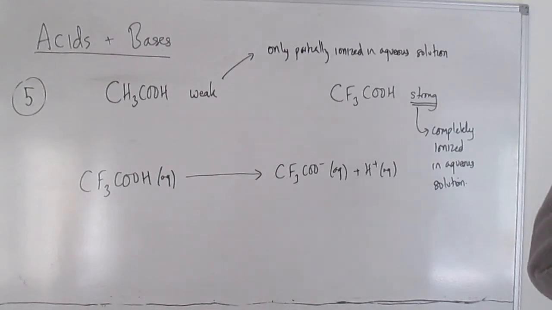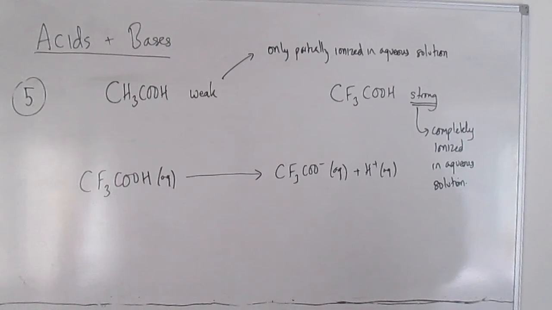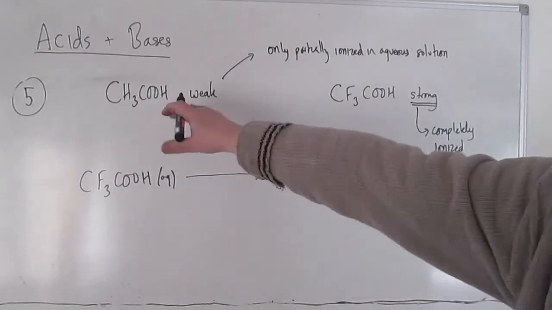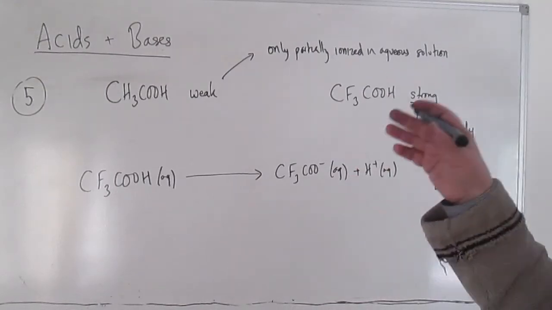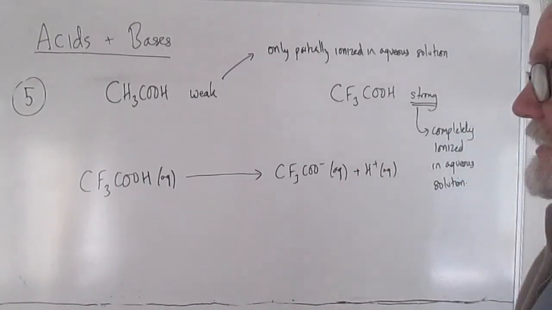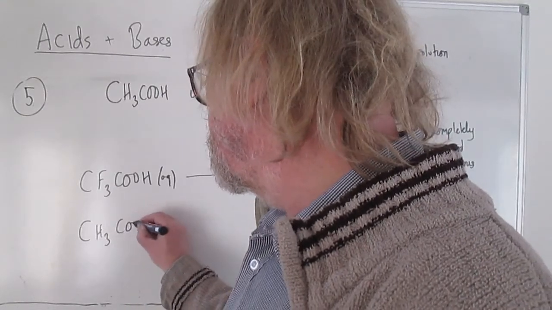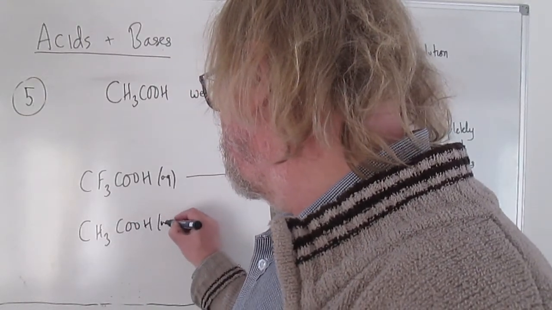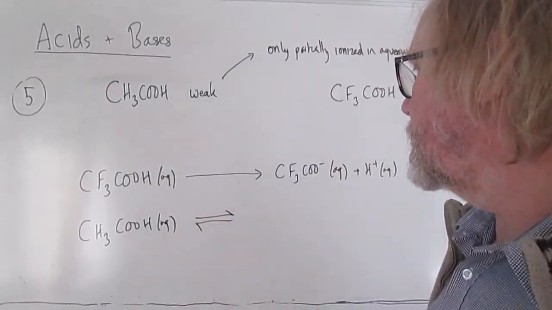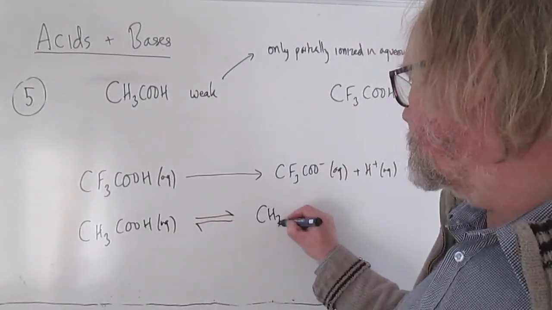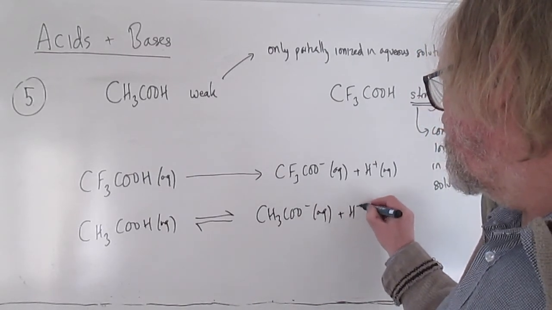So in a solution like vinegar, which is a dilute solution of ethanoic acid, most of the molecules are floating around still as that, and it's only a small fraction of them in that case actually which are broken up. And of course we can express that in equation form by putting a reversible sign into the equation. So we've got ethanoic acid reversibly giving you ethanoate ions plus H+.